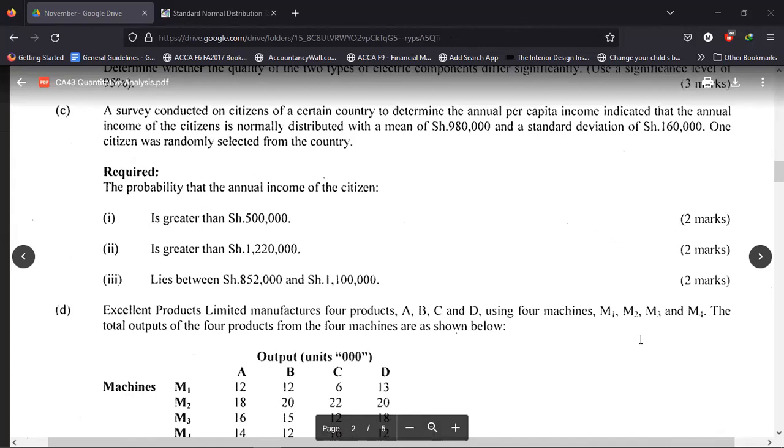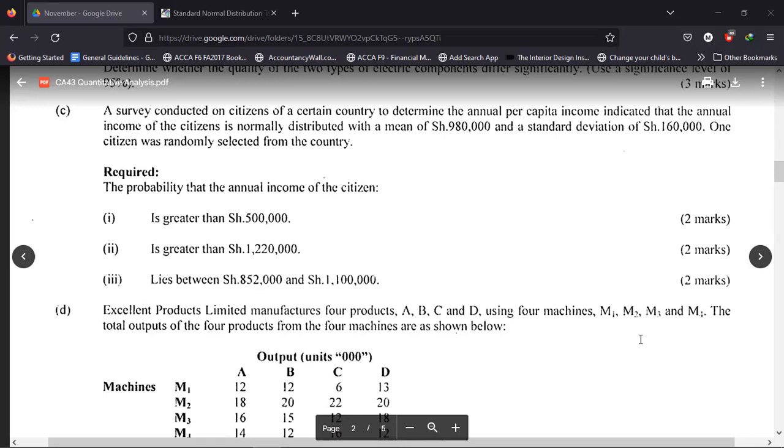Okay, a survey conducted on citizens of a certain country to determine the annual per capita income indicated that the annual income of the citizens is normally distributed with a mean of shillings 980,000 and a standard deviation of shillings 160,000. One citizen was randomly selected from the country.